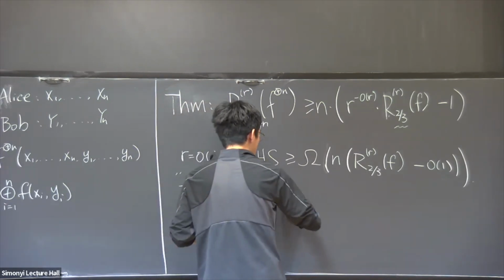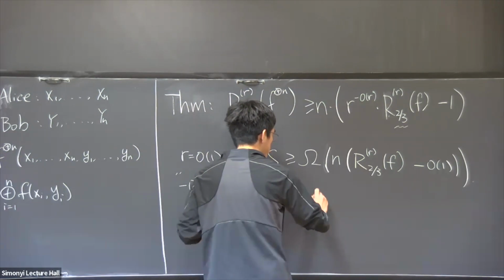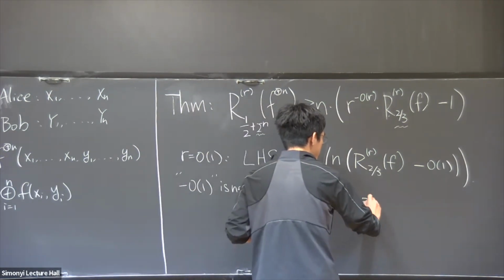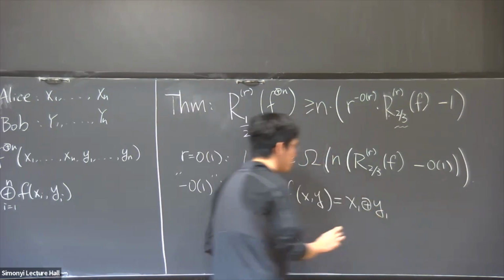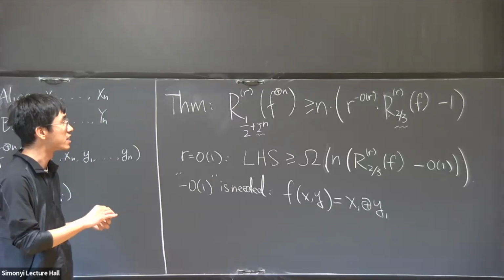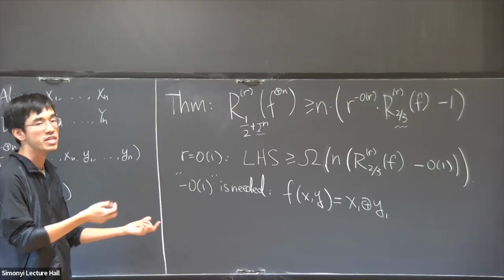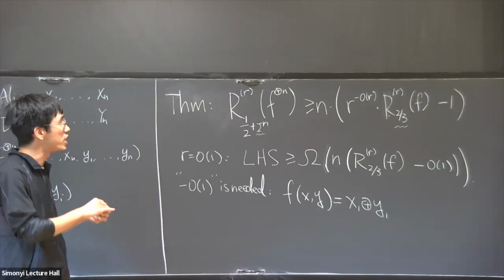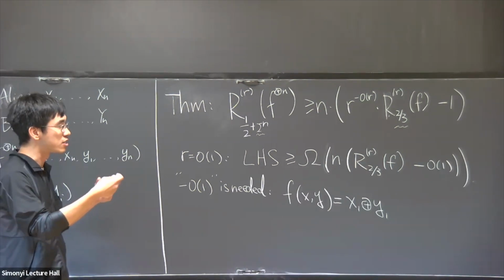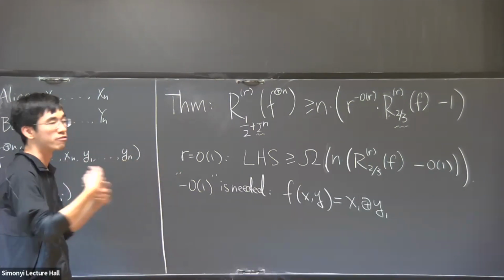Let's think about the case where f is simply the XOR of the first input bits. This is a valid function, and the communication cost of this function is just 2 bits. They can exchange the bits. Then what is the communication complexity of f to the n? f to the n is also the XOR of a bunch of input bits.